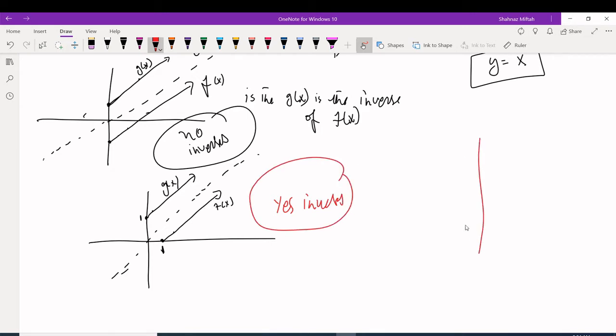Now, if the graph is something like this, one graph is going here, and the other one starts here, right?